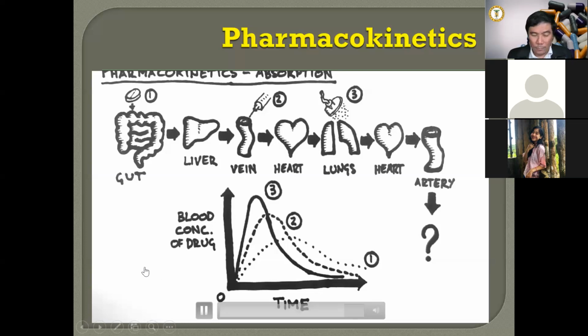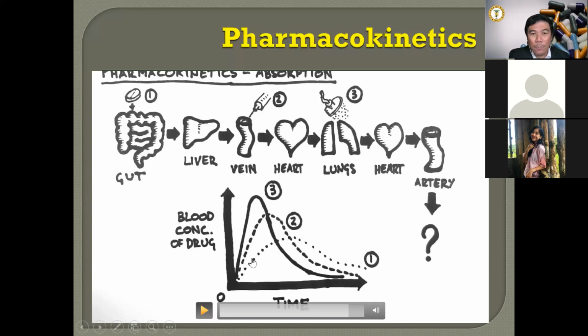Also, it's important to note that the half-life of the drug is the same regardless of the route of administration. This is because the half-life is a property of the drug, not the route. Okay, when we talk about the half-life of the drug, let us start with number 1. If you will notice, this is the graph for number 1.